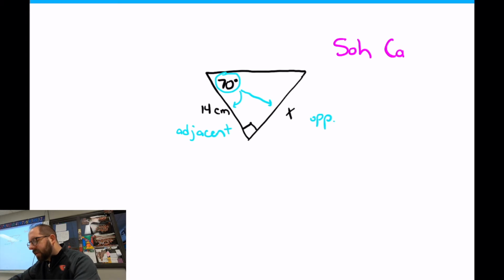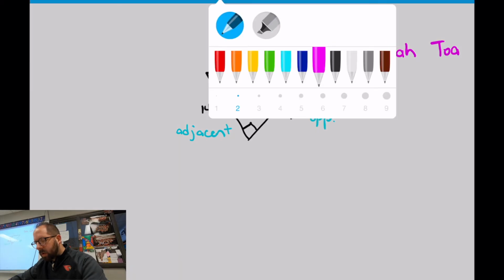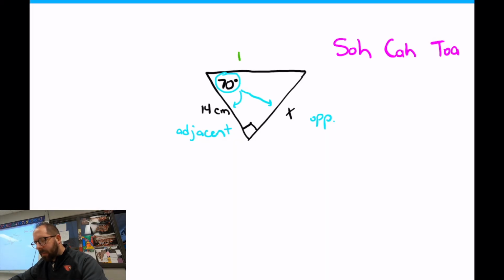On this particular problem, I am not using the hypotenuse wall. It wasn't labeled, there was no variable there, so I'm not using it. So I'm using tangent, O and A, because the hypotenuse was thrown out.